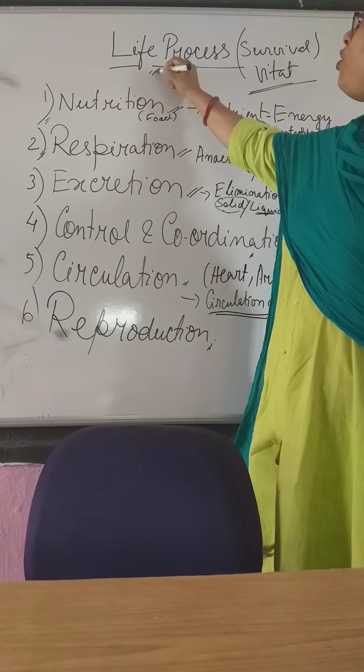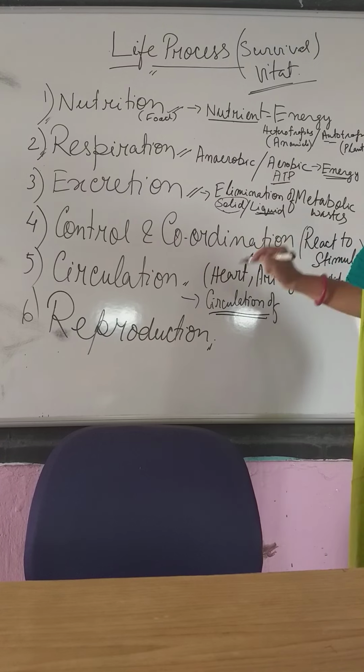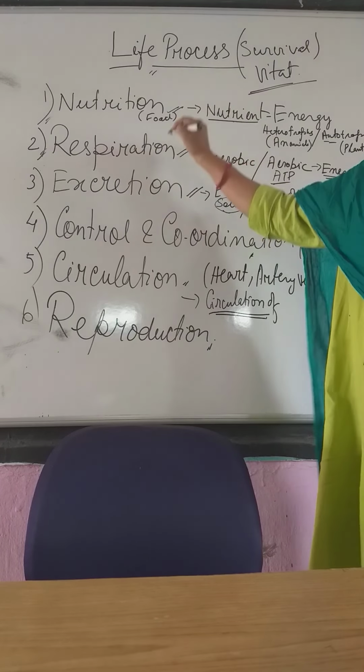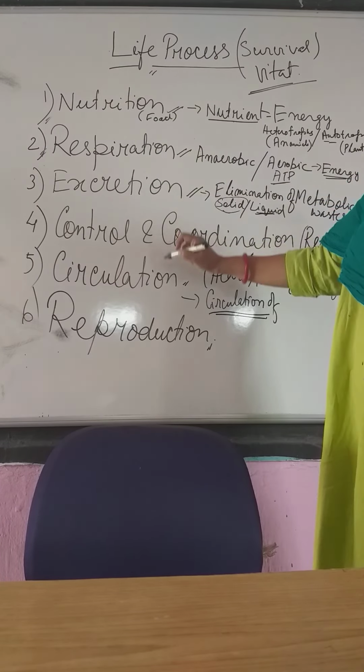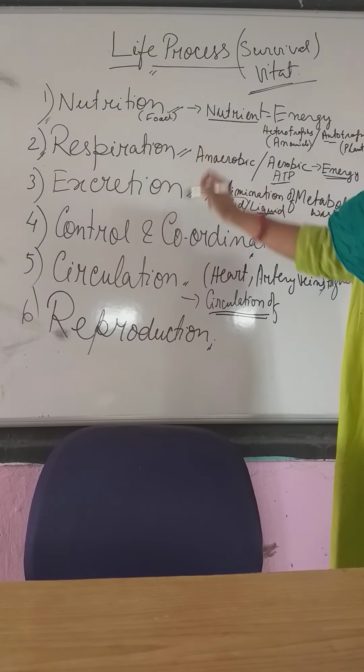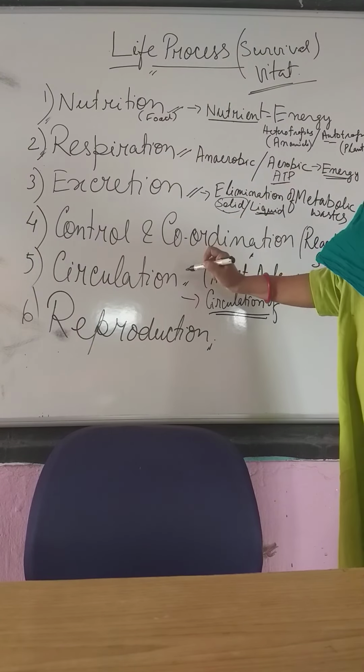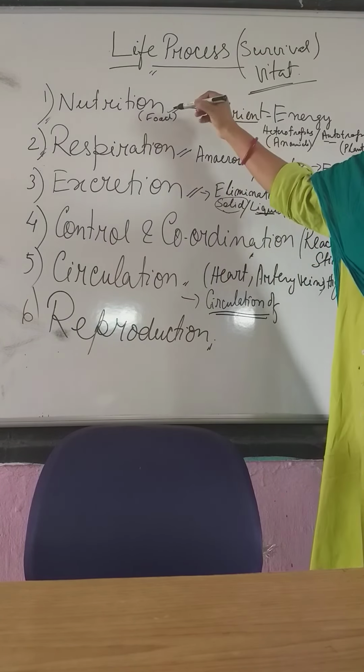A person dies if the heart fails. That means the circulatory system entirely stops, and the respiratory system will also stop. So circulatory, respiratory and nutrition are totally related to each other, and one system cannot be separated from the other.